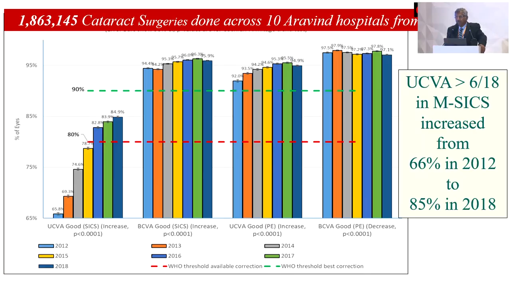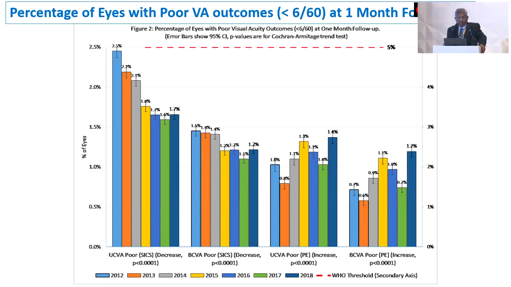When we know that we are giving importance to the uncorrected vision, they also document it in the proper way. Otherwise they may not do a good job about that. We also noticed from the data that the patients who had a poor visual outcome of less than 6/60 at 1 month follow-up again dropped from 2.5% to 1.7%. So I'm sharing all this data.